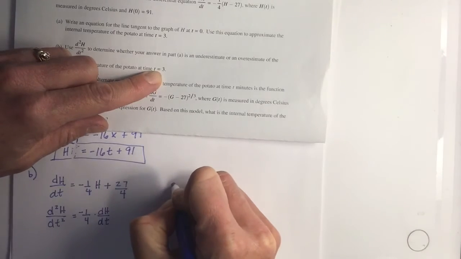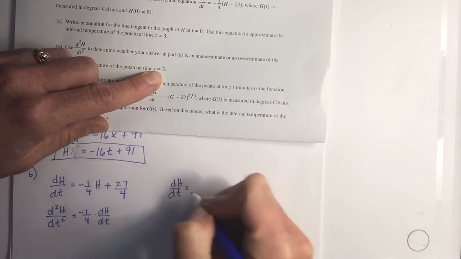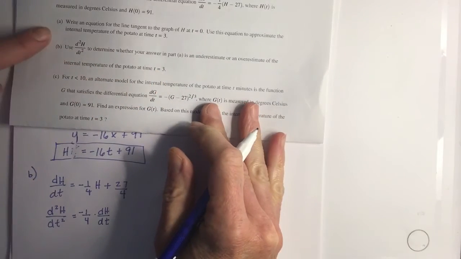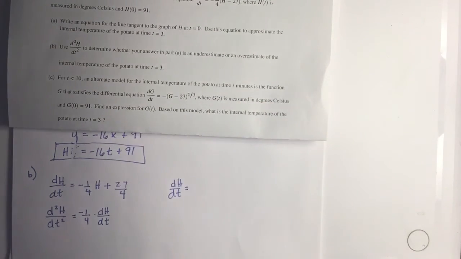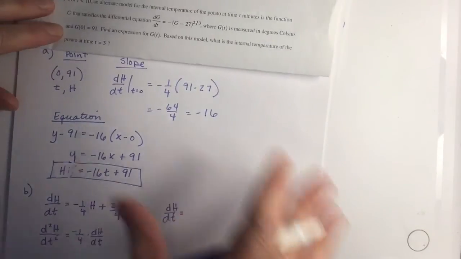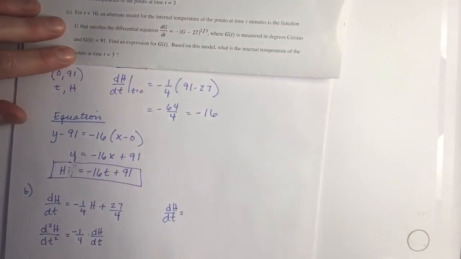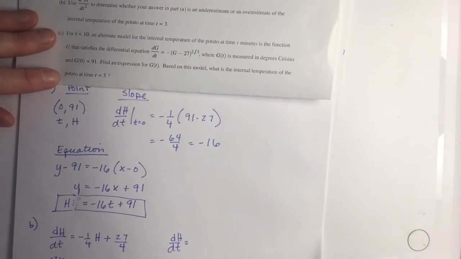So I'm going to do that over here. dh dt is equal to, oh wait, I forgot. No wonder I'm confused. I forgot to do a part of this. Remember to go back and read the question again before you move on. That's a good lesson to learn, isn't it?